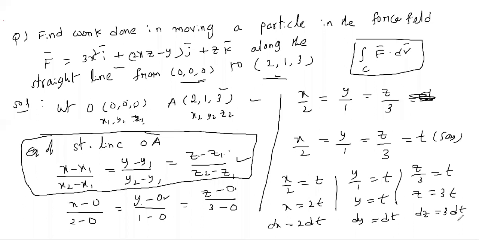Next, the work done formula is integral C F bar dot dr. Listen here, many times we have calculated this. Here C means the line OA.